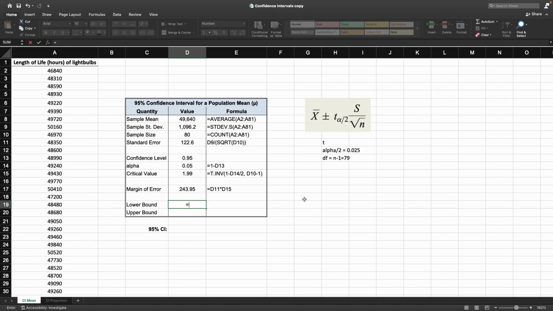So we'll do equals. The lower bound is the sample mean minus our margin of error, which is 243.95. And now let's do our upper bound, which is equals sample mean, but now plus margin of error 243.95, and enter.